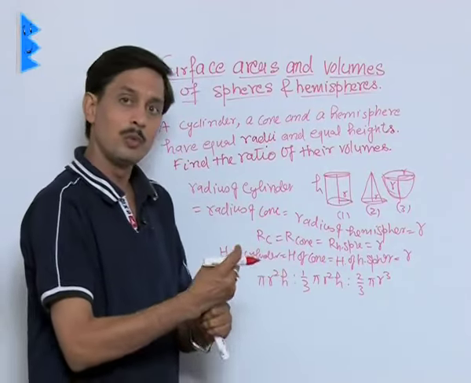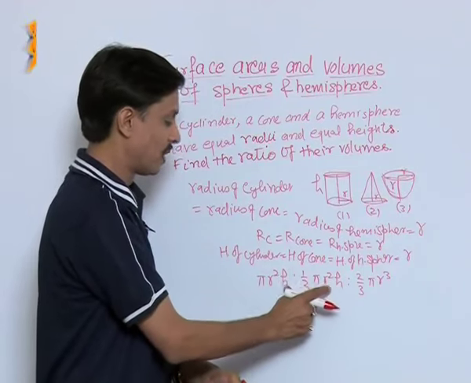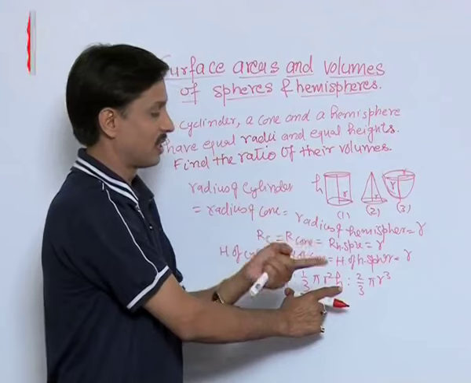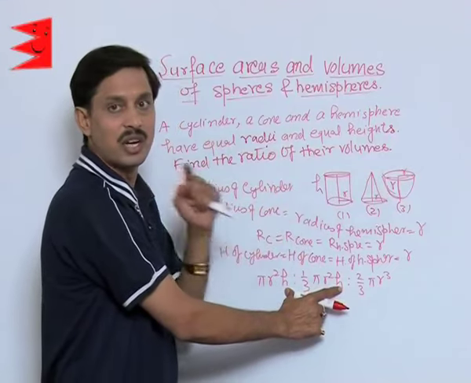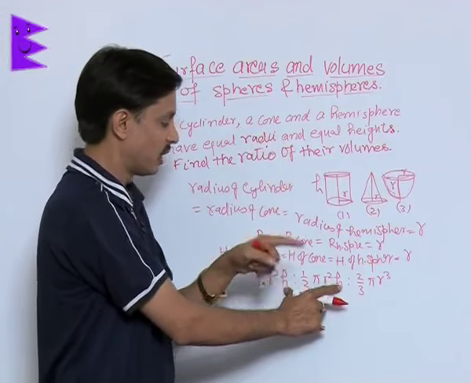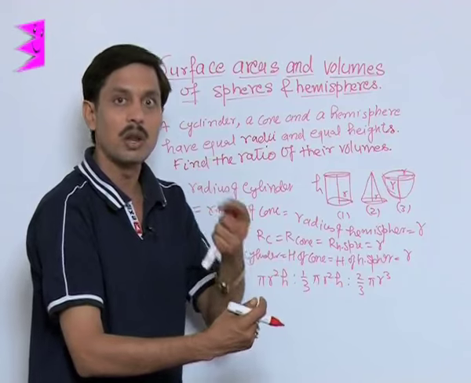Here note that the heights of cylinder, cone and hemisphere are equal, as mentioned in the question, but the height of hemisphere is always equal to its radius, so these two h will also be replaced by small r.